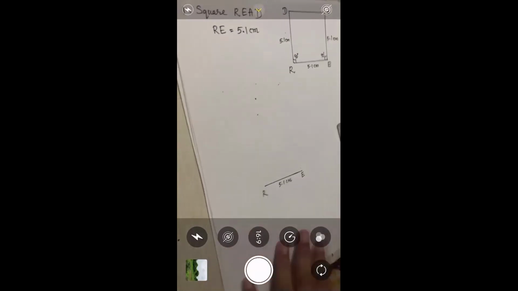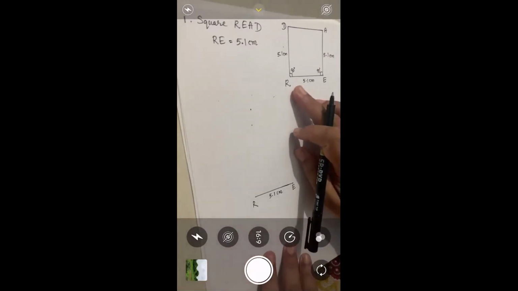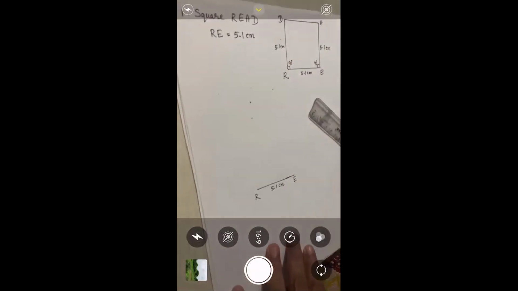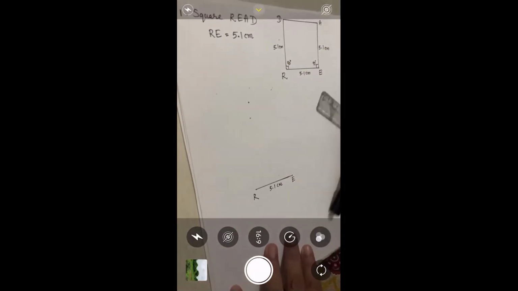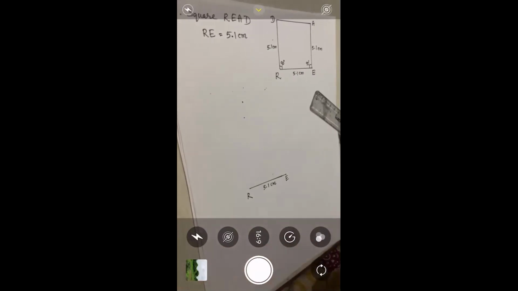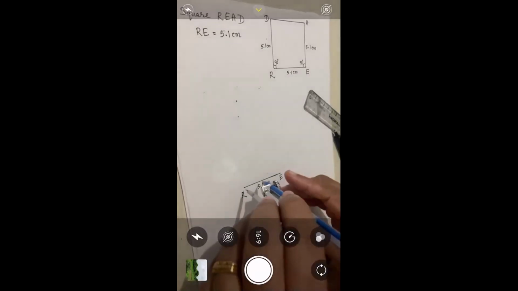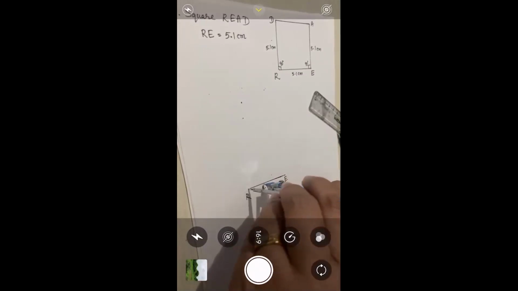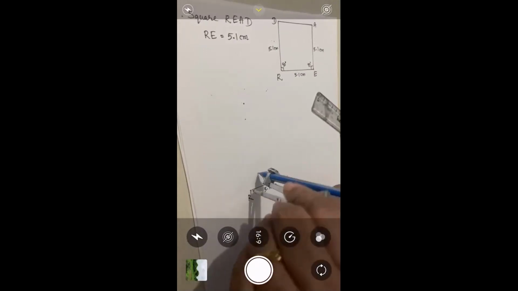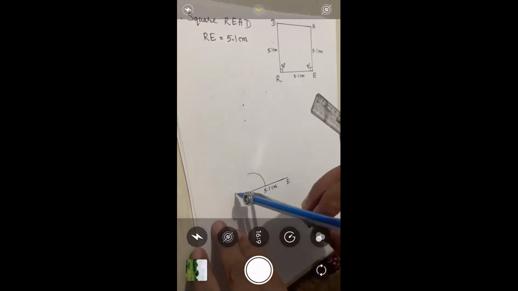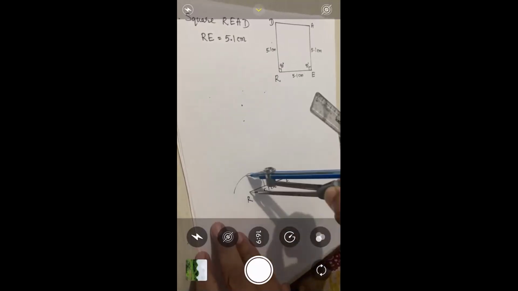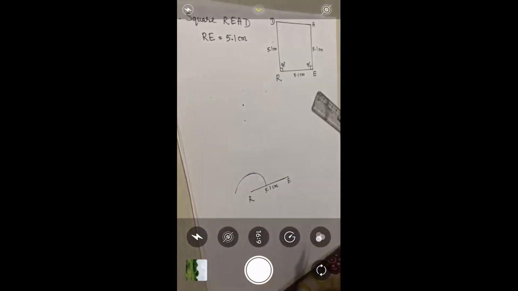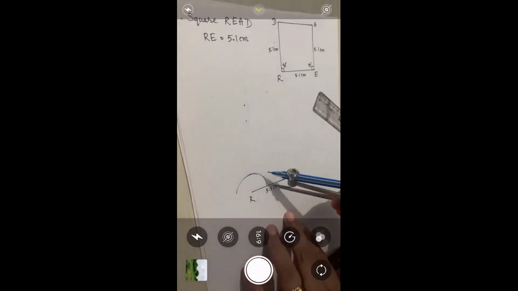Now, as we are seeing the rough diagram, at the point R we are going to construct 90 degree, and we have done 90 degree construction many times. It is very easy for you now. So with R as center, any convenient radius, we have to draw an arc, keeping the same radius.